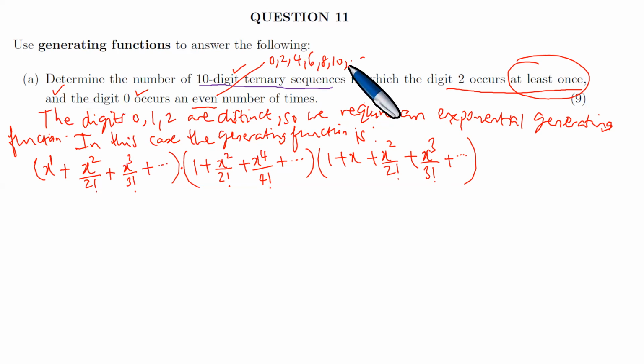So this one is x to the power 0, x to the power 2, x to the power 4, x to the power 6, and so on. When the digit 0 occurs an even number of times, that's why you have those.